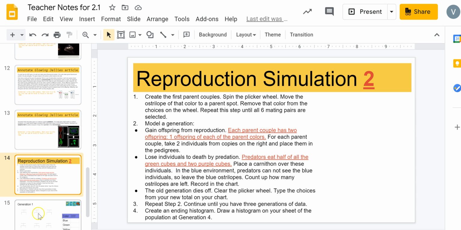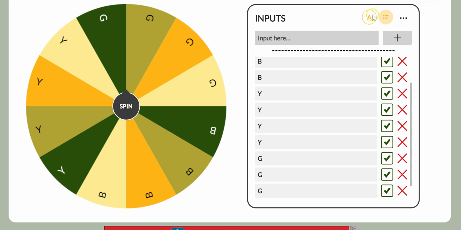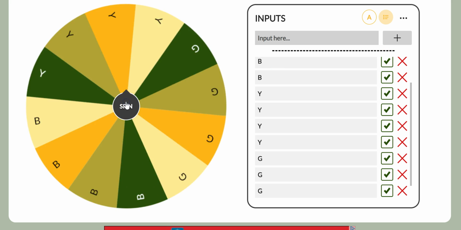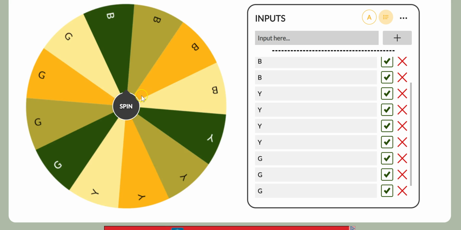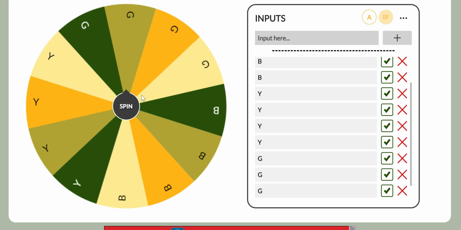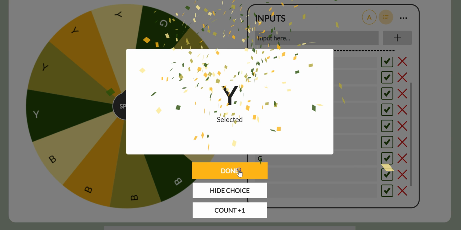So first thing we need to do is we need to model the generation. So we're going to mate couples. Well, we first have to randomly pick which couples match up. So we're going to click the wheel. First couple is, we have a yellow.